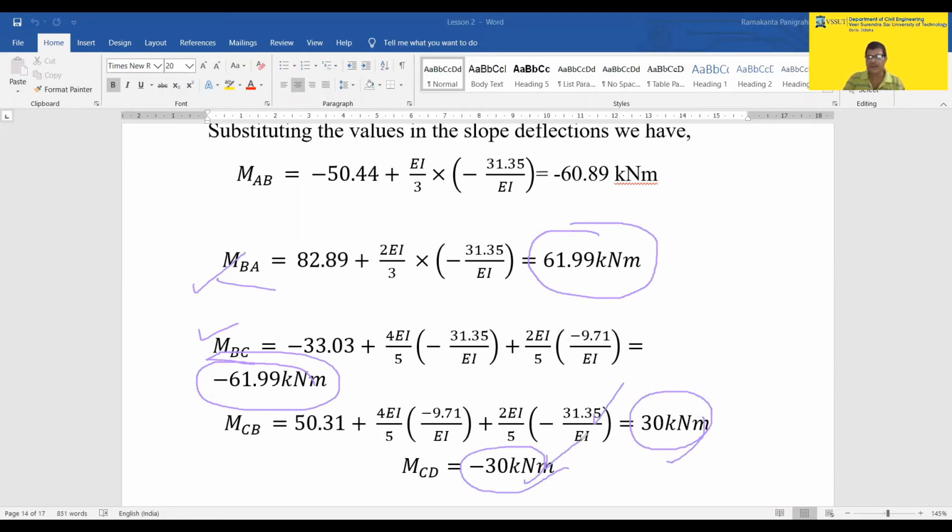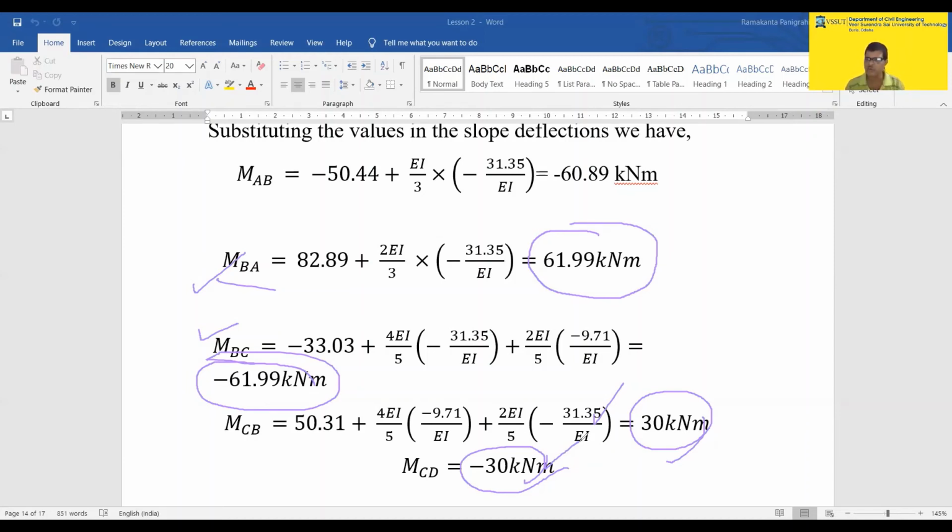If you find there is a large difference in the values after calculating, then there is some mistake in your calculation. They cannot be different values of MBA and MBC. Maybe 61.99, maybe 62.01, because of a small fraction of error in the calculations. But it cannot be like 61.99 at MBA and MBC coming out 102.5. So this cannot be the solution.